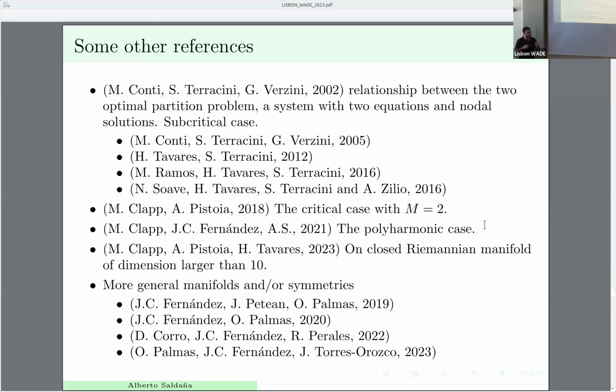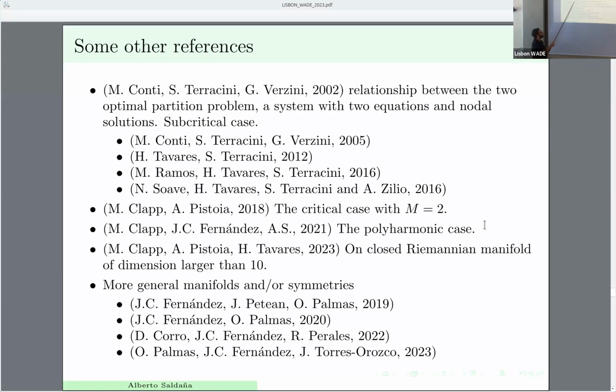And well, this approach was started by a paper by Conti, Terracini, Versini in 2002, where they explored the relationship between two optimal partition problems: the optimal partition between two sets, two equations, and nodal solutions in the subcritical case. So not with the critical exponent, but anything below.